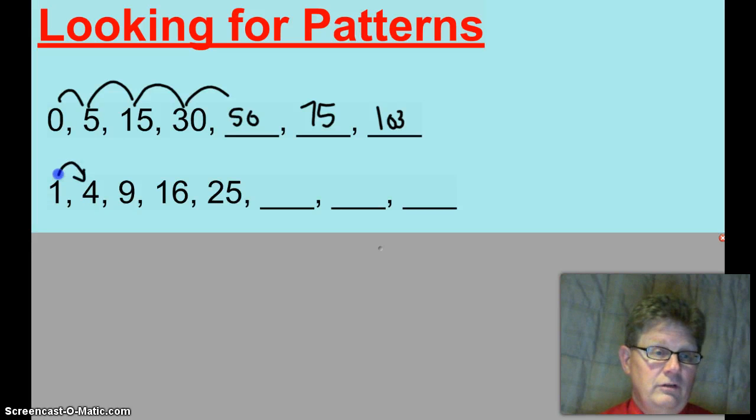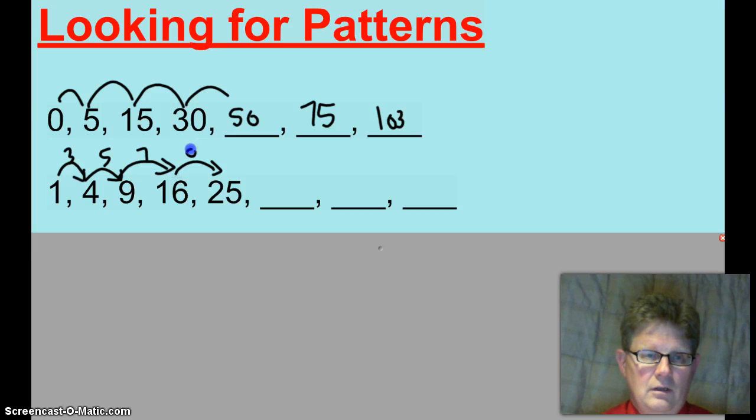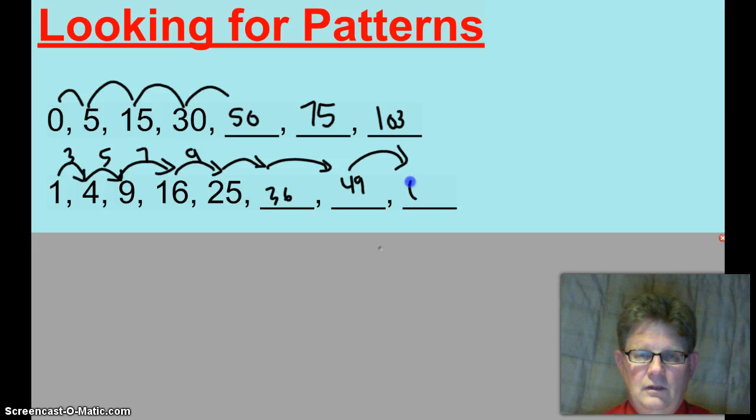How much does it increase right here? 3. Good. How much does it increase right here? 5. Excellent. How much does it increase right here? 7. And that's an increase of 9. So go ahead and increase by 11, 36. Increase by 13, 49. And increase by 15, 64.